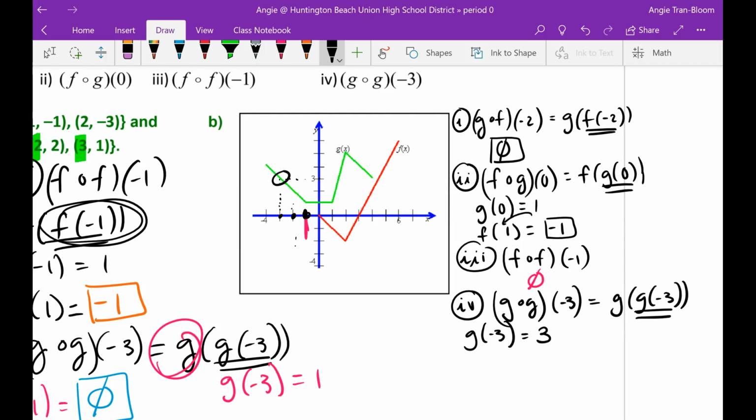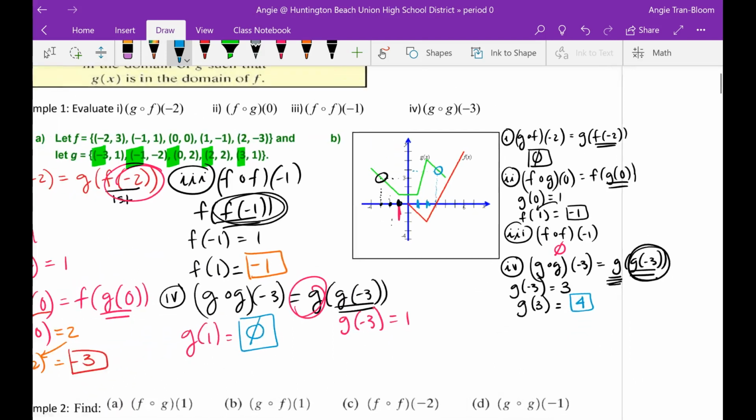Now this whole thing is 3. I still need to do the outer component. So g of 3: go to the right side, 1, 2, and 3. Go up as best as we can to see what the output is. According to my approximation, it looks about 4. So the final answer is 4.